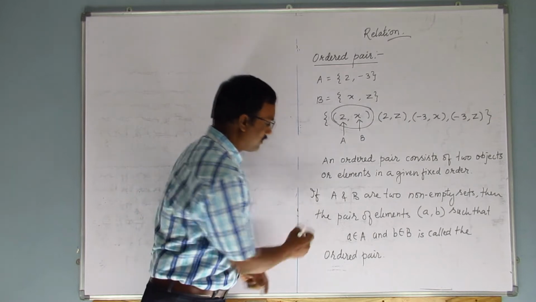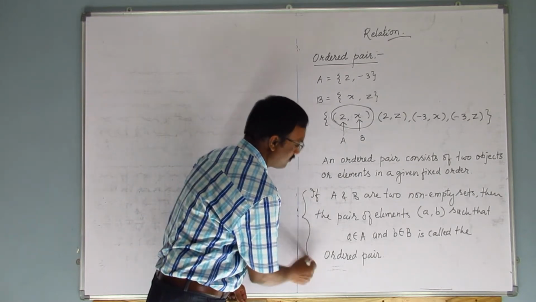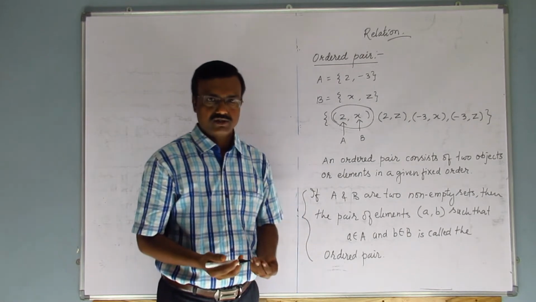So this is the proper definition of ordered pair. Very easy to understand. Okay.